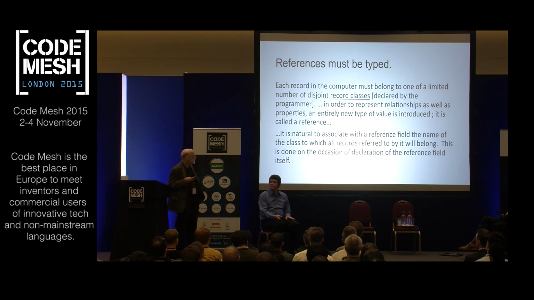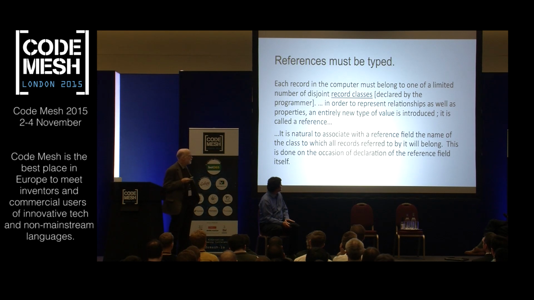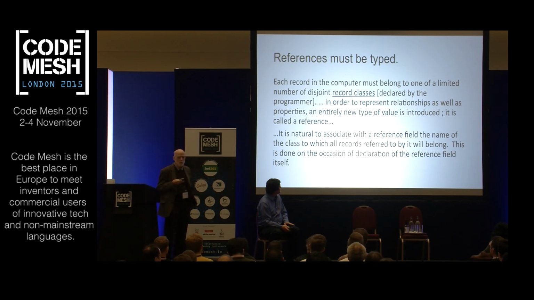It is natural to associate with a reference field or component of a record the name of the class to which all records referred to by it will belong. This is done on the occasion of the declaration of the reference field itself. Now, of course, this is a very familiar idea, but at the time that I proposed it, it was quite novel.